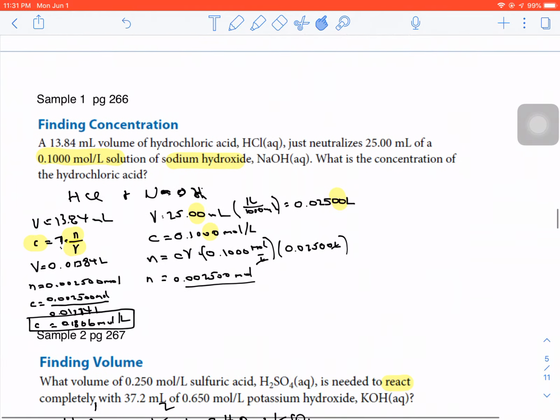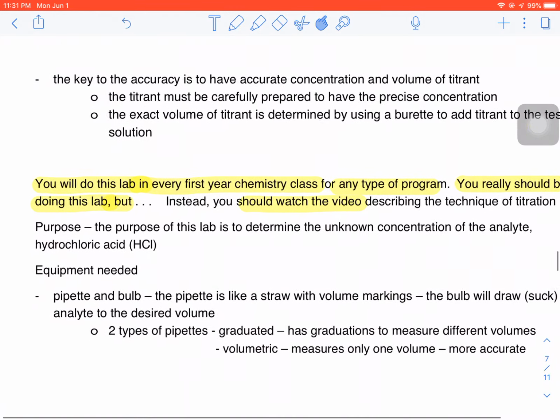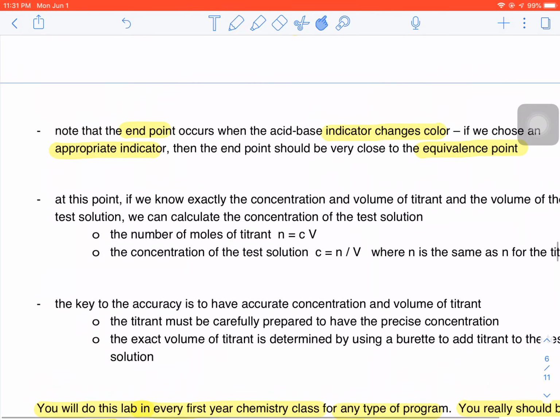So we really want to make sure that we have exactly the right indicator to make this work. Again, remember the goal here: to find out exactly what the concentration of my unknown solution is, I need to know exactly what the concentration and the volume of my titrant are. When I'm making up a solution, I can calculate exactly how many grams, milligrams, maybe even micrograms I've put into the solution, so I can know the concentration of my titrant very well.